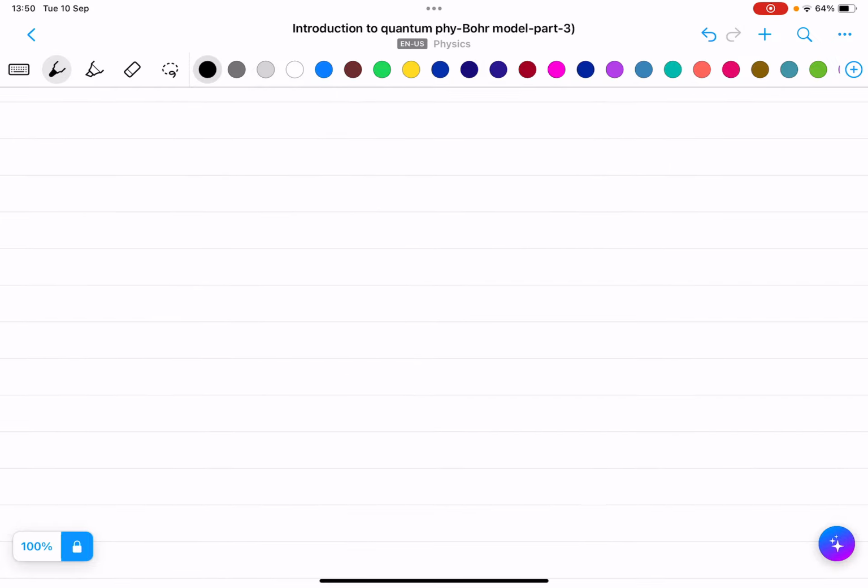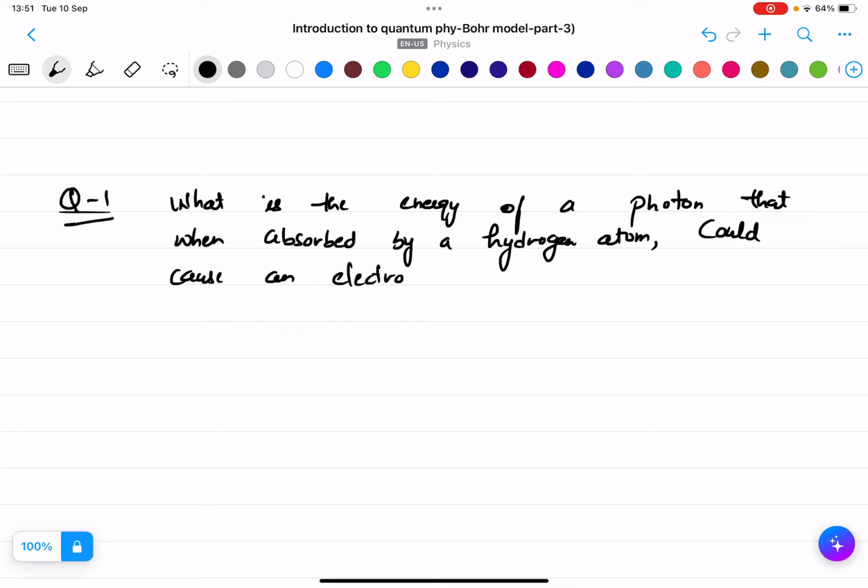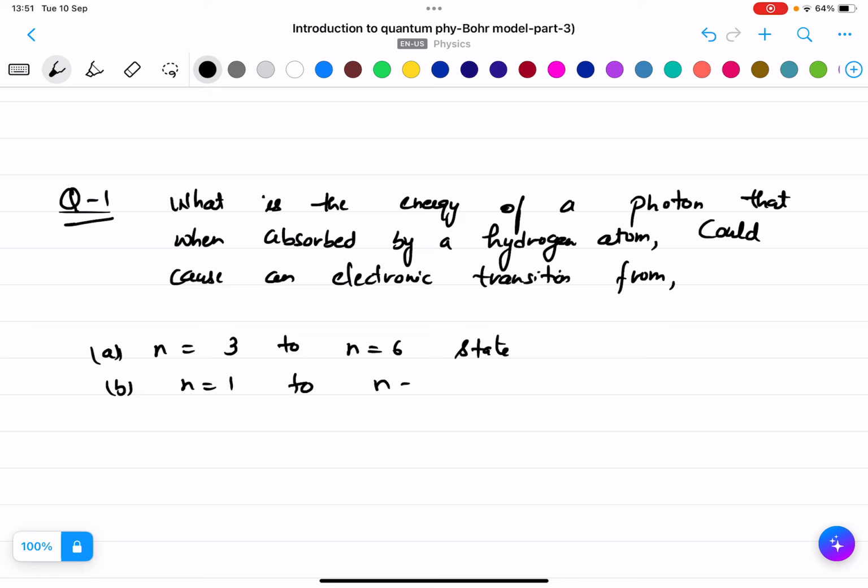Okay, so let us solve question number one. The question is: what is the energy of a photon that, when absorbed by a hydrogen atom, could cause an electronic transition from A, n equals 3 to n equals 6 state, B, n equals 1 to n equals 5, C, n equals 2 to n equals 4 state, and D, n equals 3 to n equals 4 state.